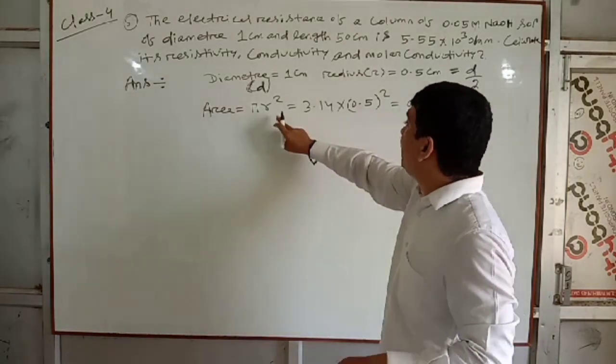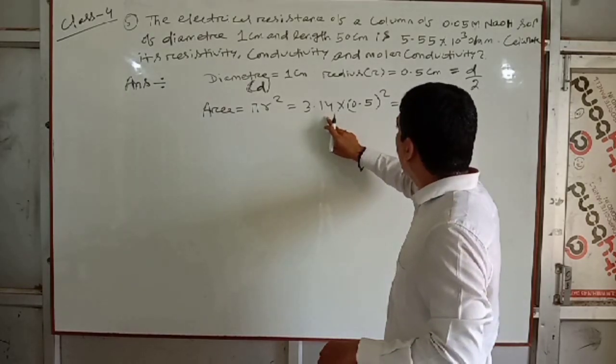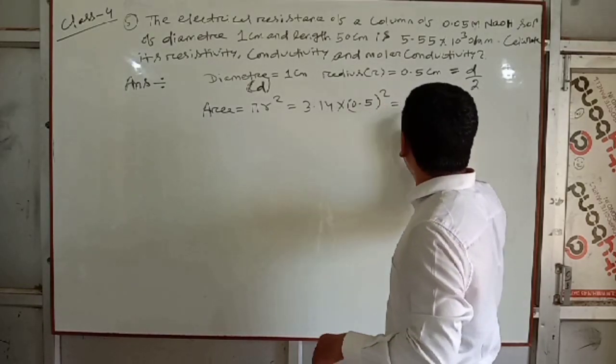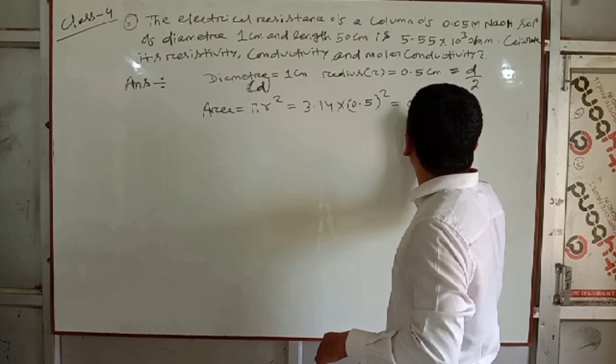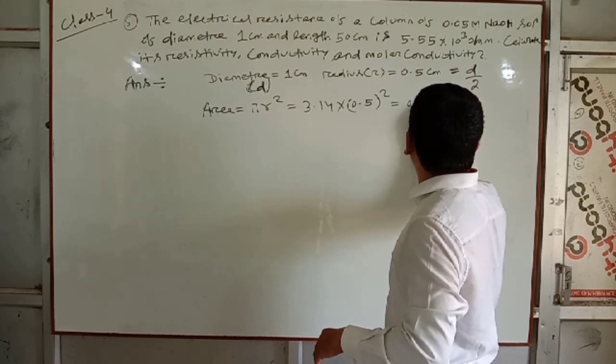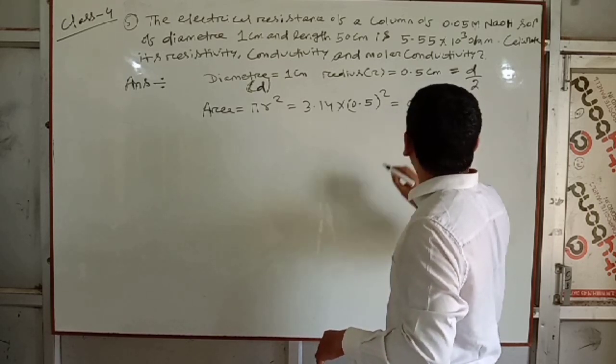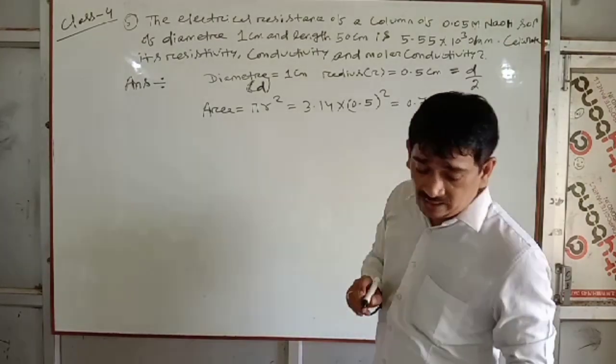So area equal to pi r square, 3.14 into 0.5 square, that will give 0.785 centimeter square. This is area.